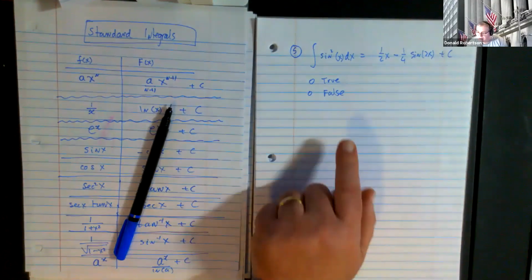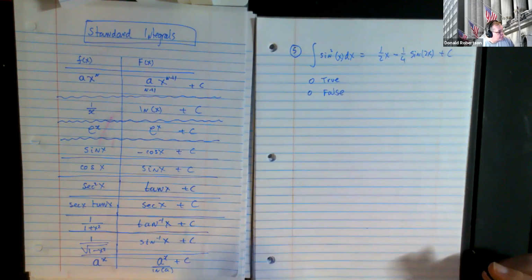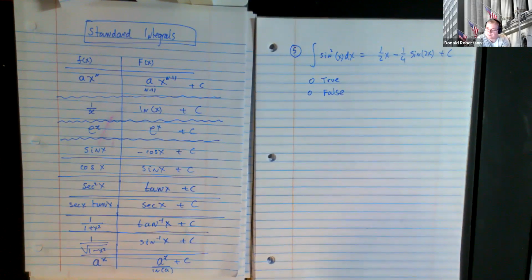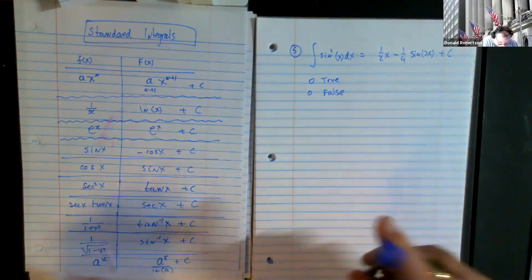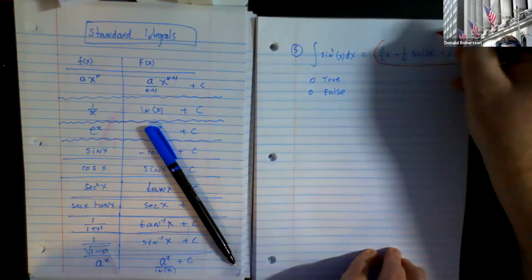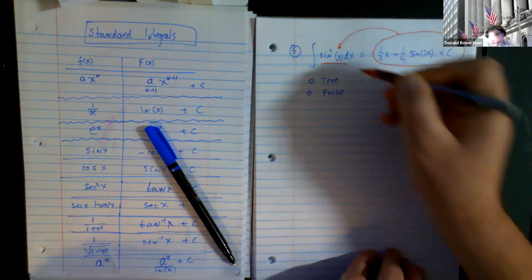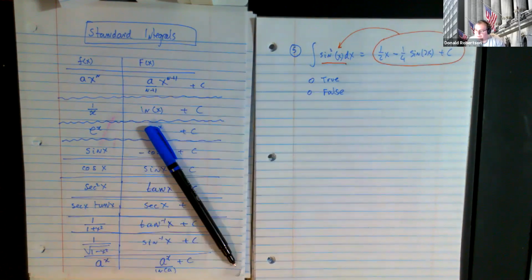Is this new stuff? Okay, good. Now, they do mention that you have to use differentiation to help you. Well, if you take this expression and you differentiate it and you get this guy, then the answer will be true.